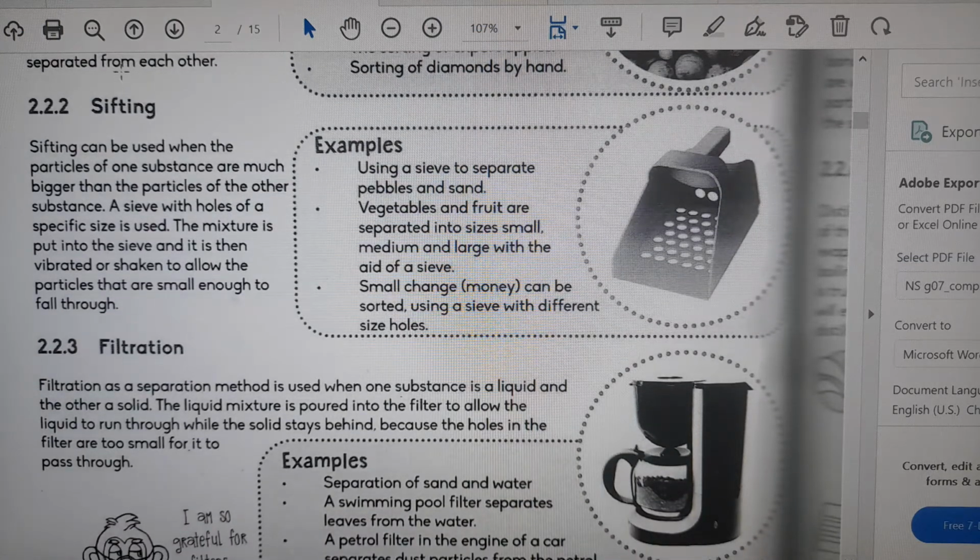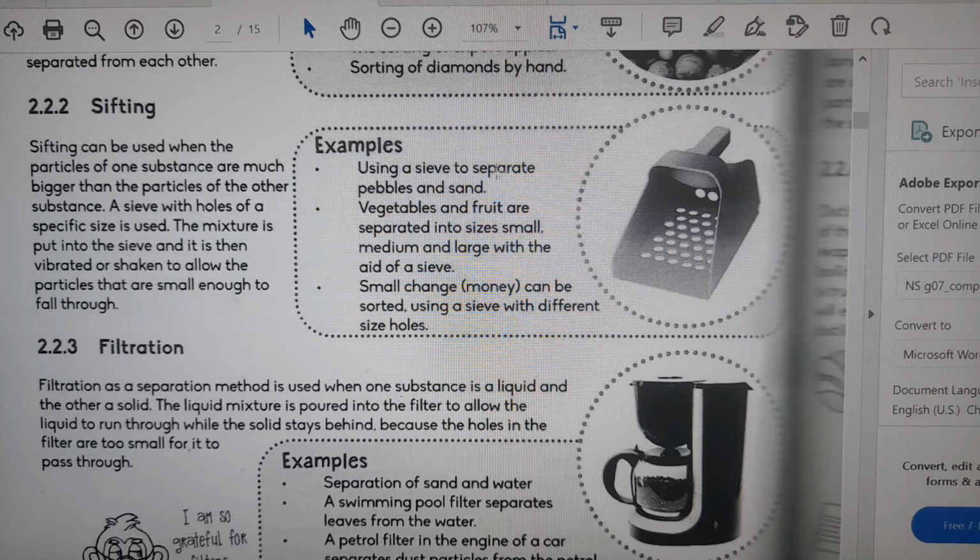The second method of physical separation is sifting. Sifting can be used when particles of one substance are much bigger than the other. If we've got a mixture that has got different sizes of particles, a sieve with holes of a specific size is used. The mixture is put into the sieve and it is then vibrated or shaken to allow the particles that are small enough to fall through.